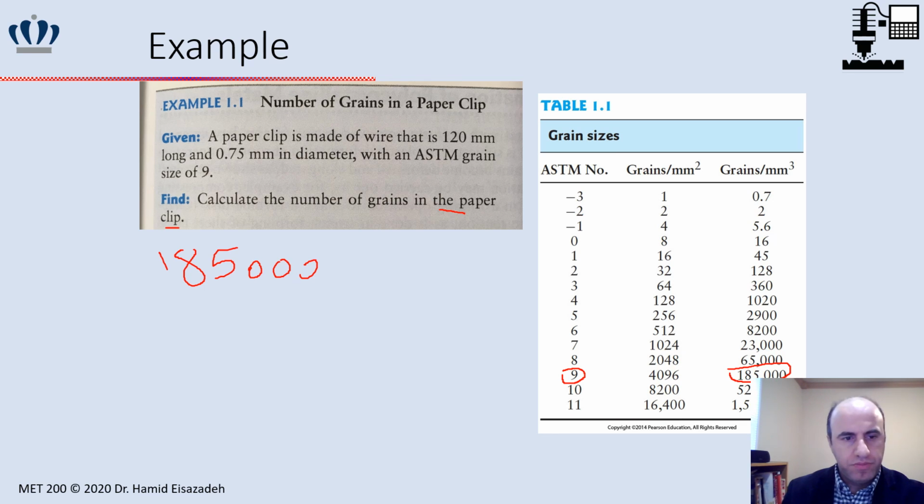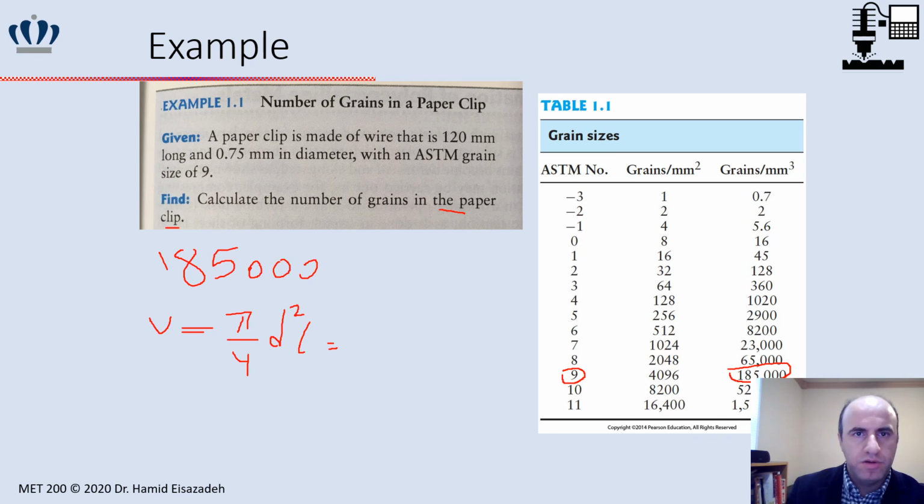And then we need to find the volume. Volume is pi over 4 times d squared times L.